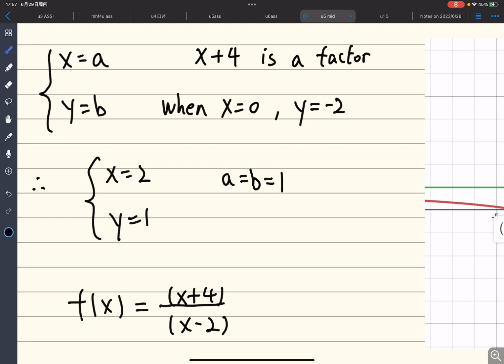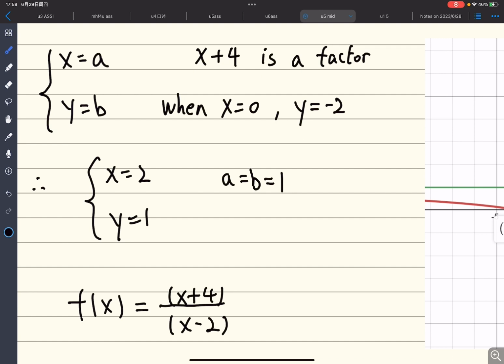Let's find such a function. For the function to have a y-intercept of -2, the coefficients a and b must be equal and non-zero. So we can choose a equals b equals 1 without loss of generality.